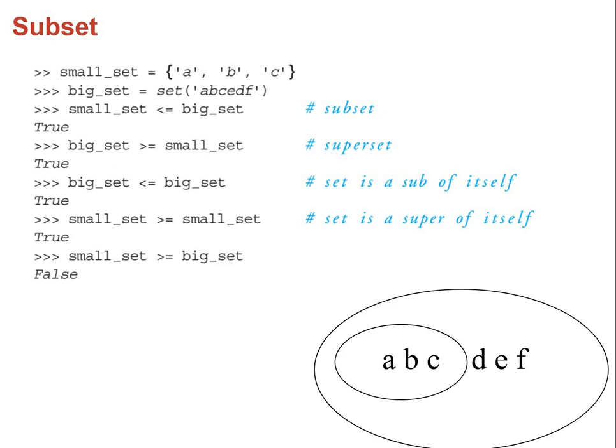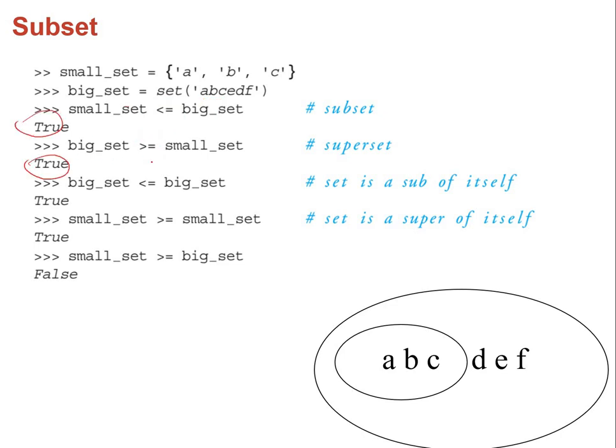One more thing you can do is check whether a set is a subset of another one. You can use the less than or equal to sign for that. You can see that the small set ABC is a subset of ABC, DEF, so you get true over here.